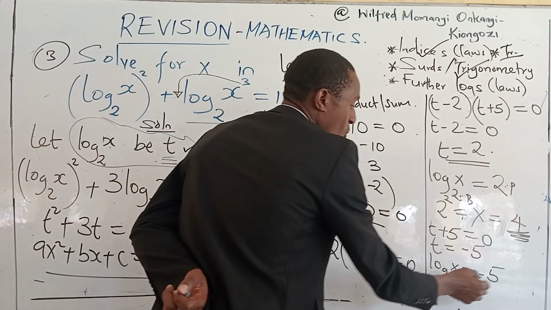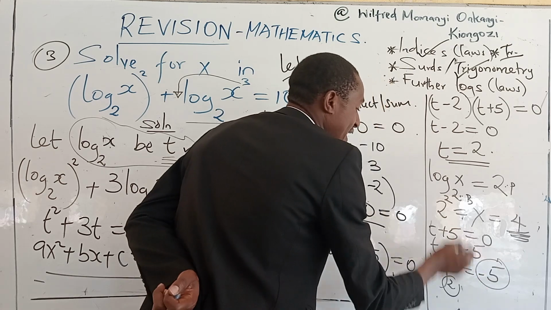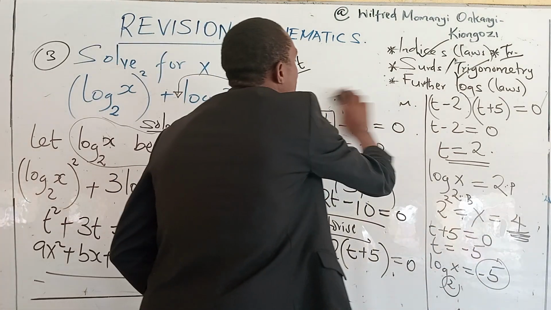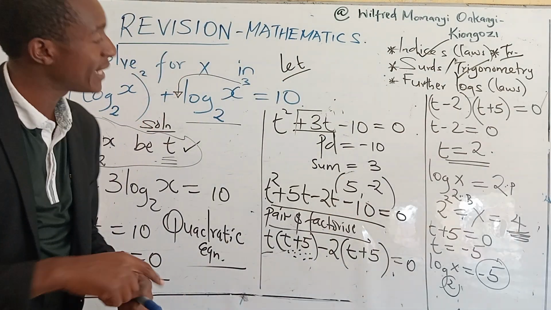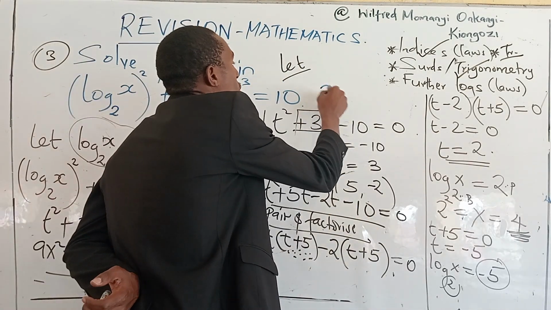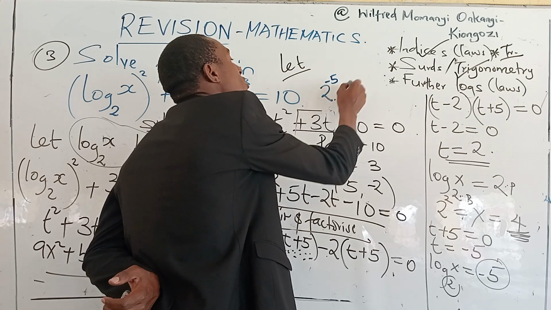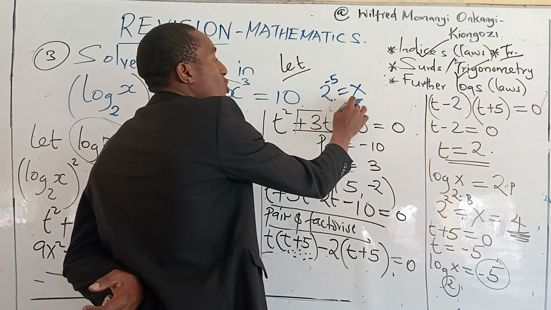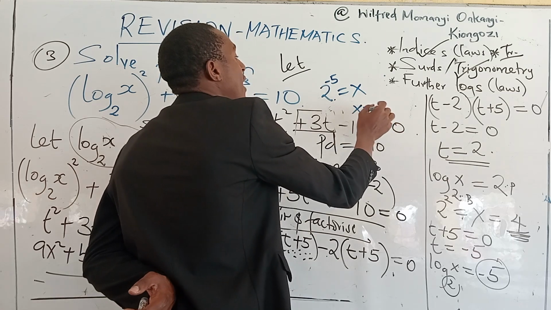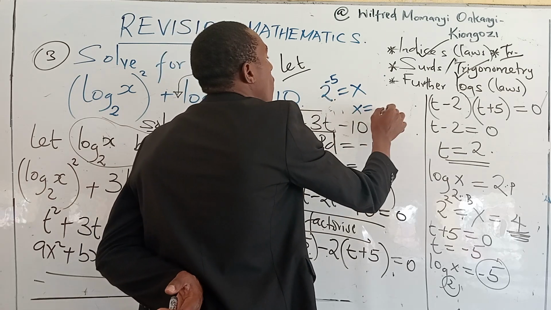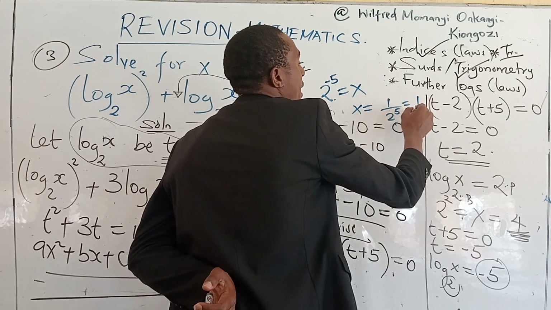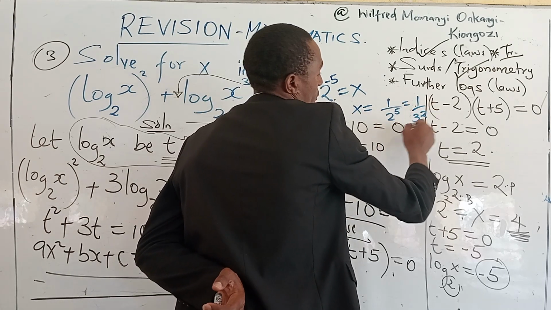Again, 2 power negative 5 will give you x. This one is log notation, this is index notation. So x is equals to 1 over 2 power 5, which is 1 over 32.